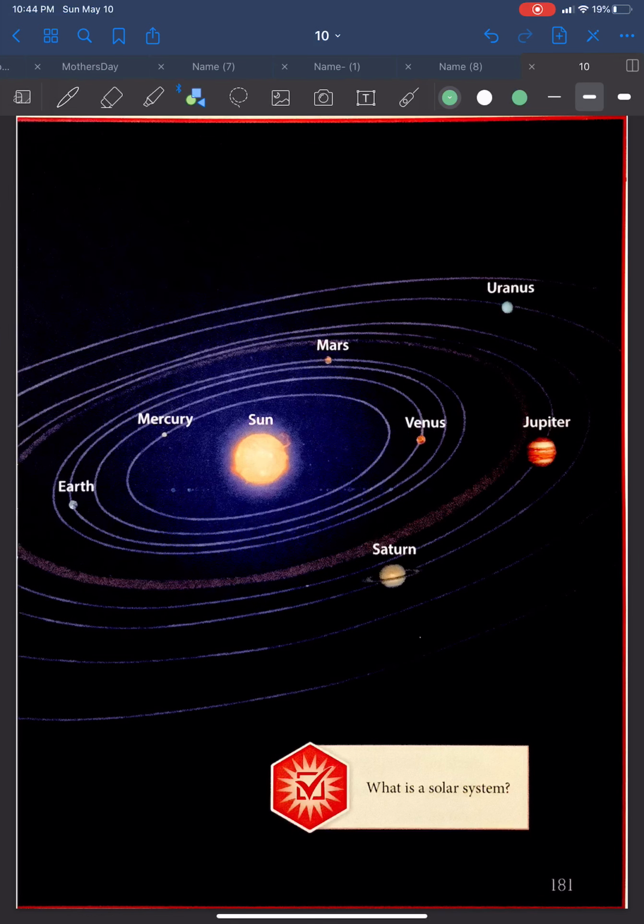Here on page 181, you can see all of these planets that are revolving around this bright star right here. Each one has its very own path, and it stays on its very own path. Here's Earth right here, the third planet from the sun.